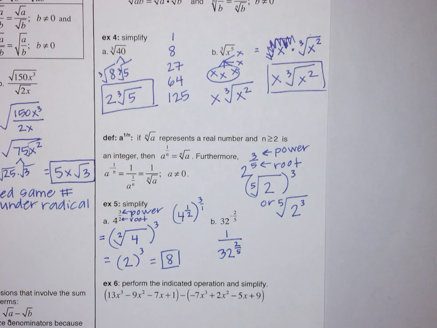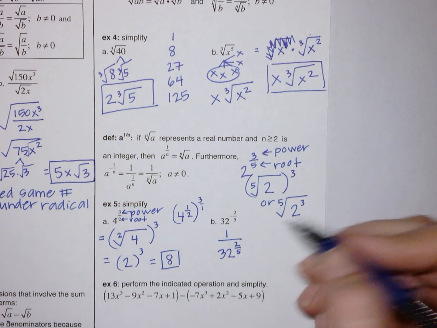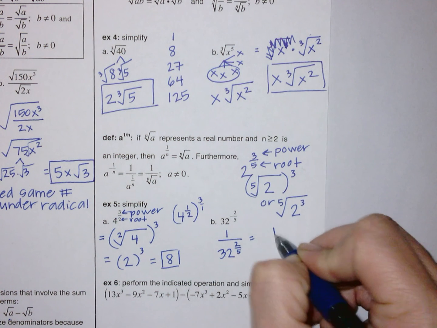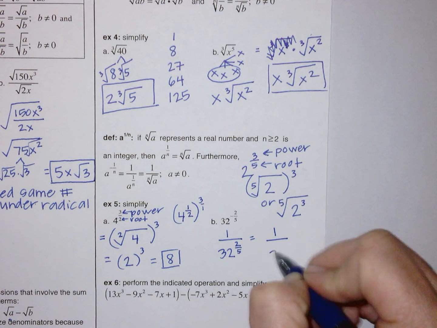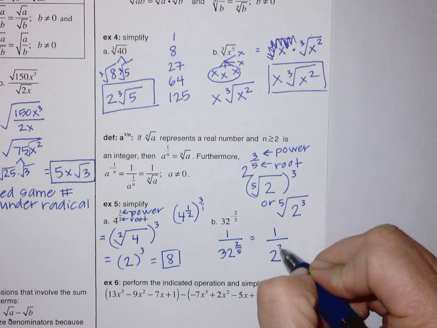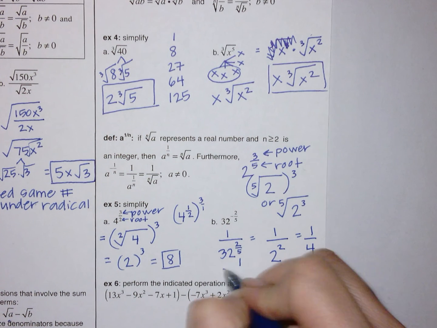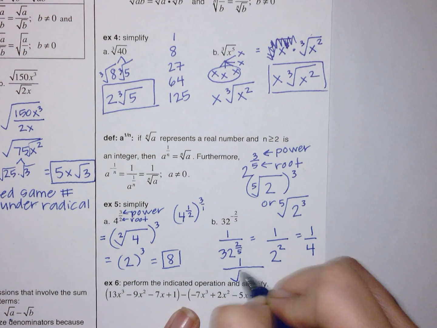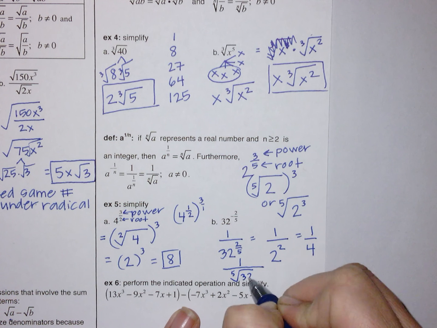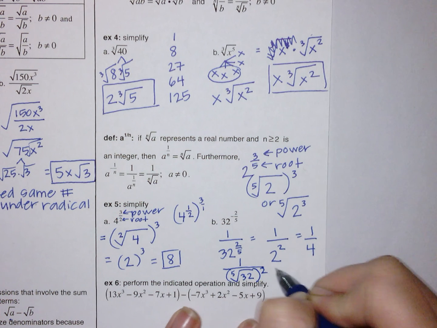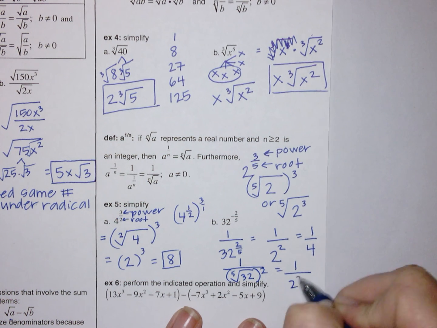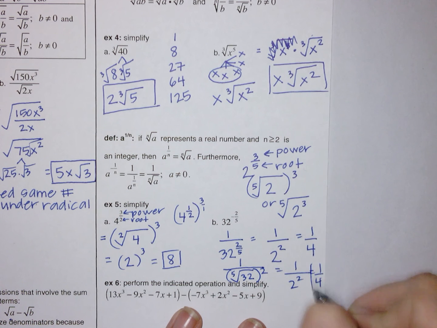That means 5th powers. So that's 2. So this is really equal to 1 over 2, and then I have to square it, so that would be 1/4. If that's too much for you, you can think of it like this. The 5th root of 32 squared, which is 1 over 2 squared, which is our 1/4.